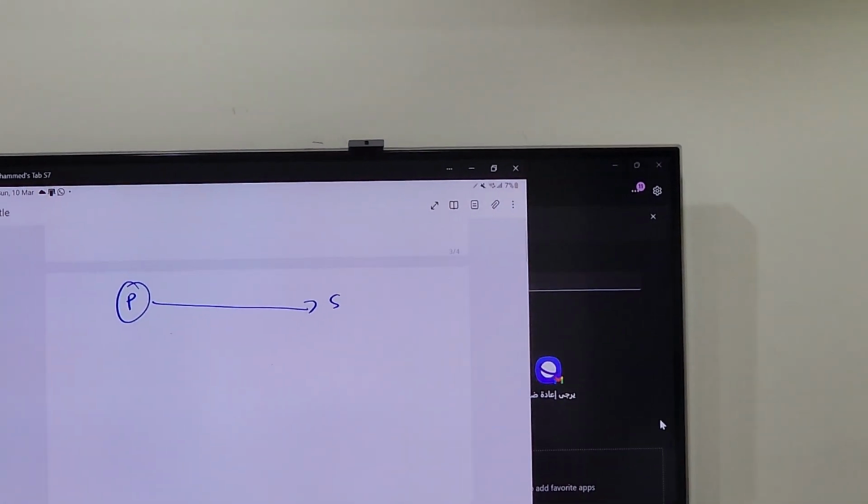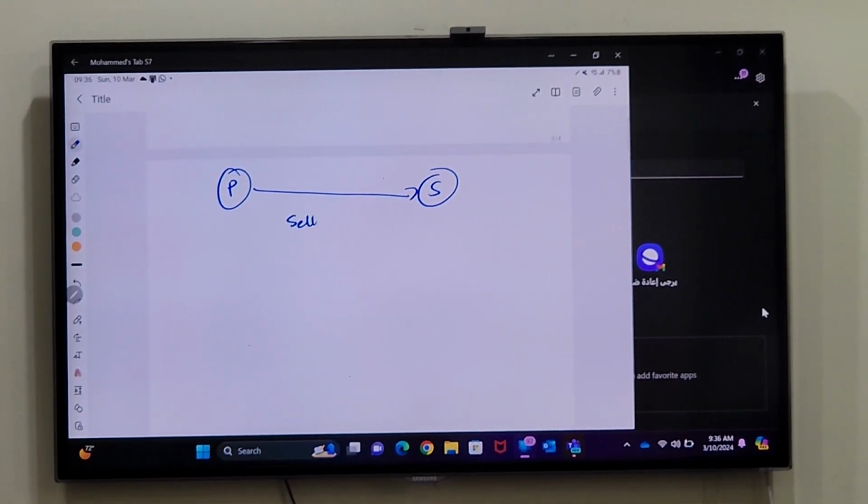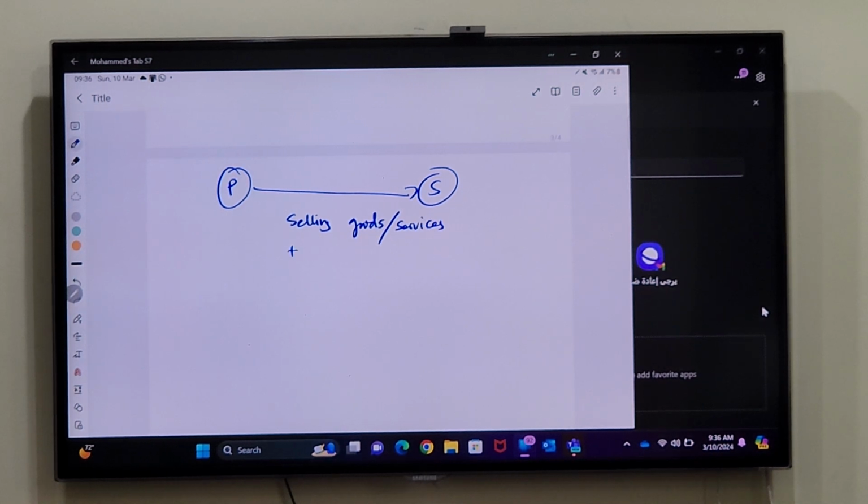Let's assume now the parent is selling goods and or services to the subsidiary.